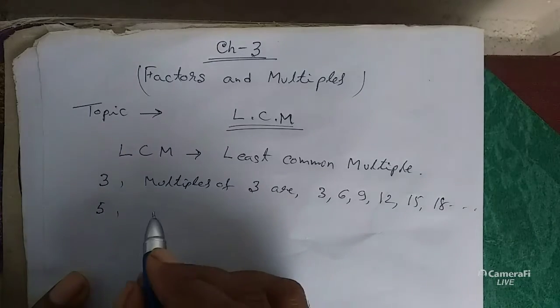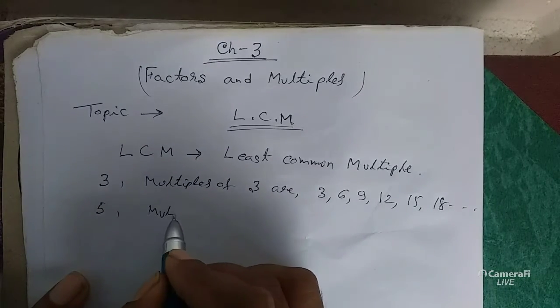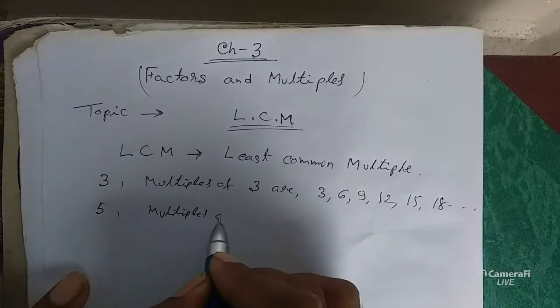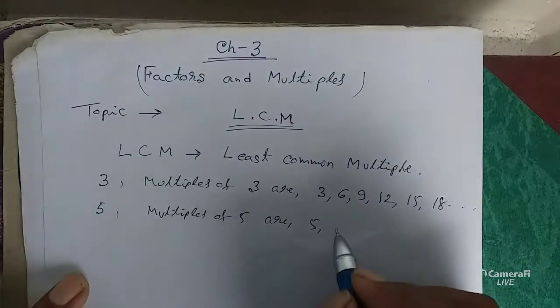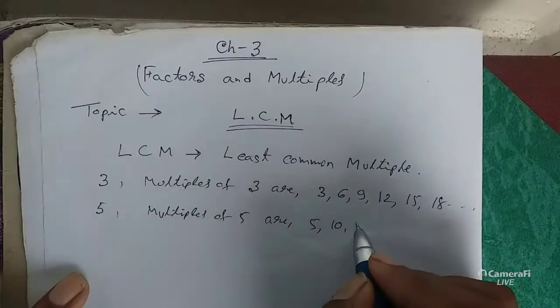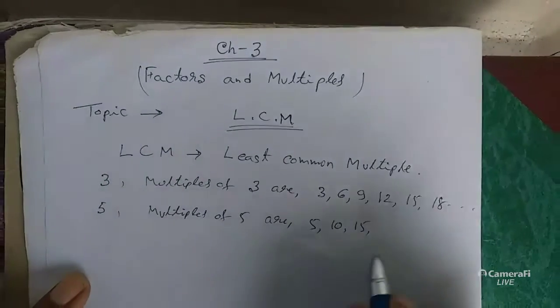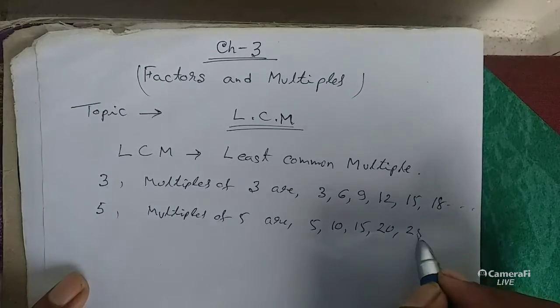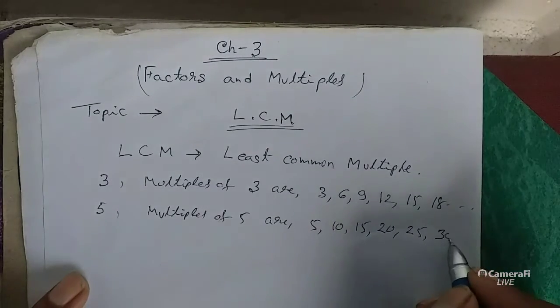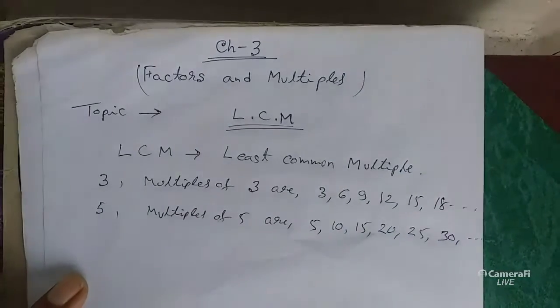And multiples of 5 we get 5 1 is 5, 5 2s are 10, 5 3s are 15, 5 4s are 20, 5 5s are 25, 5 6s are 30, in this way.